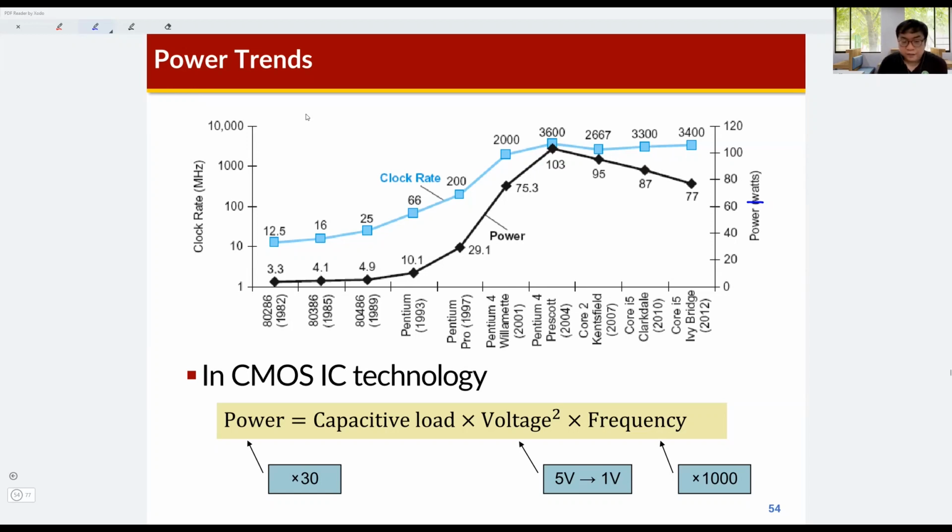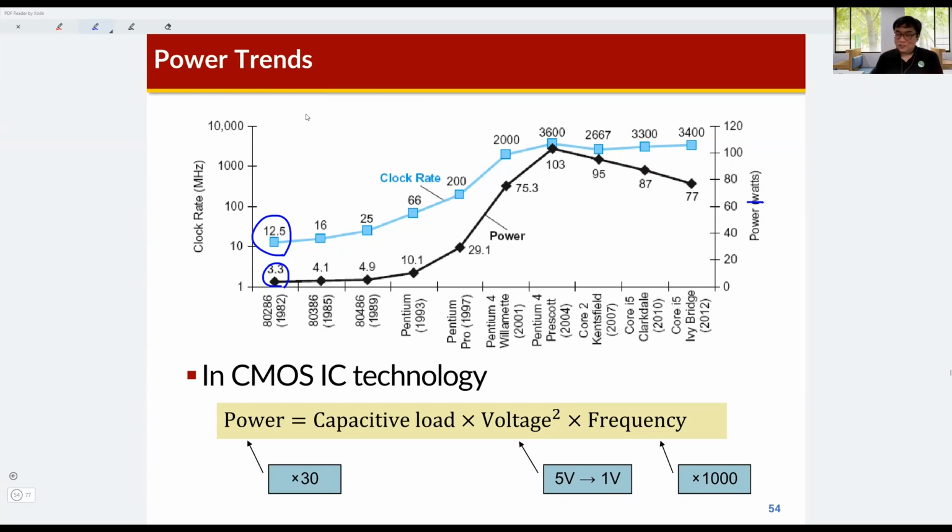In 1982, the 80286 processor was launched, and at the time the clock frequency was about 10 megahertz. And the power consumption was just 3.3 watts.